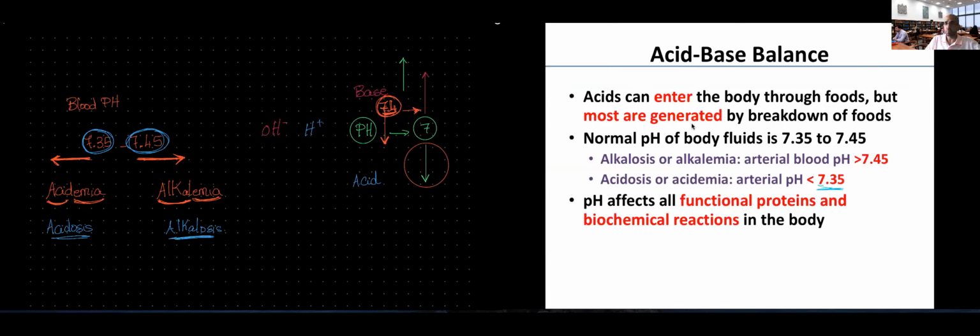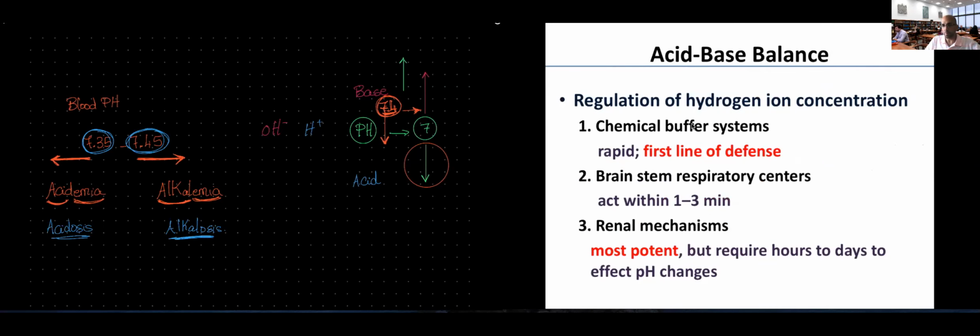So how is the body capable of maintaining this normal range for the blood pH? I have three lines of defense that maintain normal blood pH. First one is going to be through chemical buffers. I have chemicals that are ready to react to reduce the alkalis, to reduce the acids whenever they increase beyond their normal ranges.